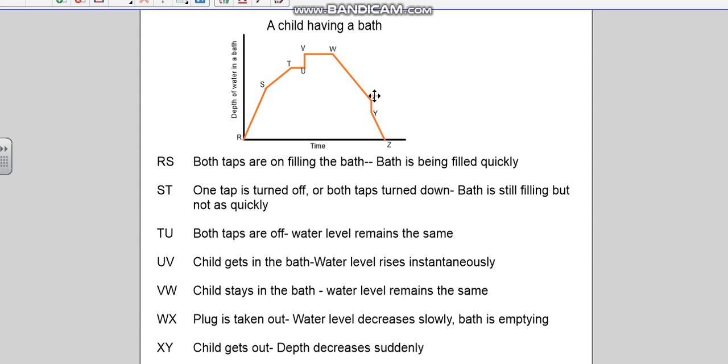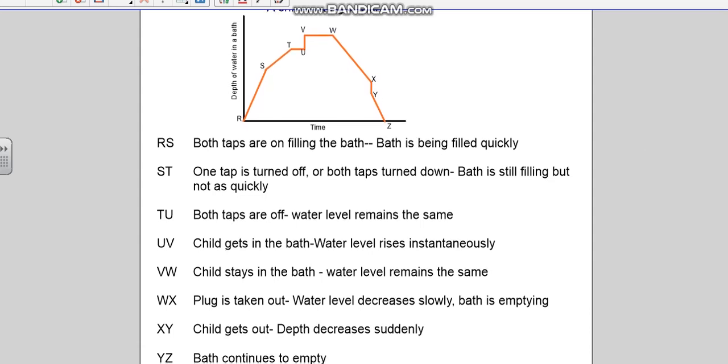Then from X to Y, the depth goes down very suddenly, so this is the child getting out, and Y to Z is that it just continues to empty. Okay, so the plug's still out and it empties down to here where there is no water. So hopefully, even if you didn't get those right, or you got slightly different answers, you've understood what's going on with this graph. Okay, and that's what this lesson's about, drawing and interpreting this type of graph.